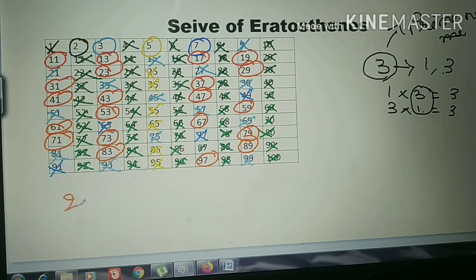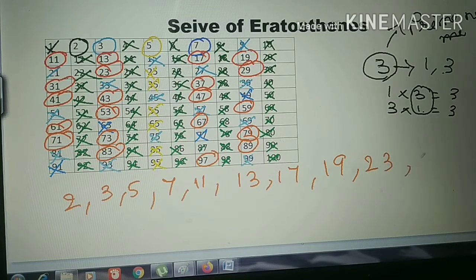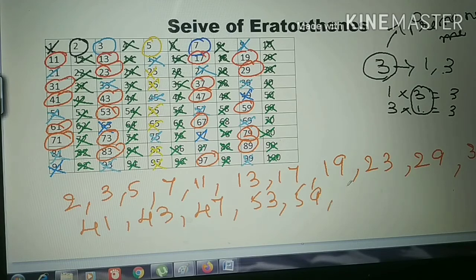Write down once again all the numbers: 2, 3, 5, 7, 11, 13, 17, 19, 23, 29, after that 31, 37, 41, 43, 47, 53, 59, 61, 67, 71, 73, 79, 83, 89, 97.